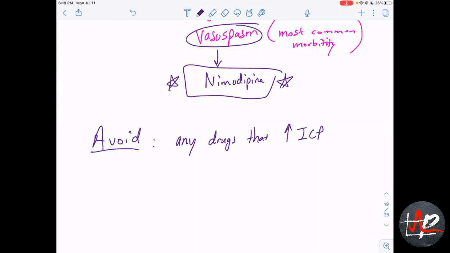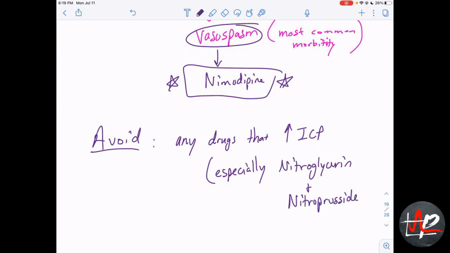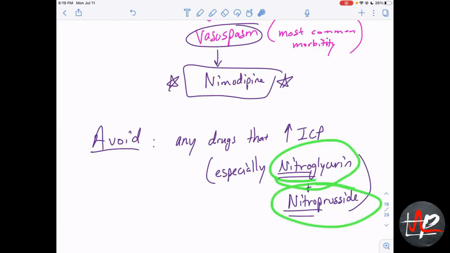And so a lot of the nitro drugs will increase intracranial pressure. So you want to especially avoid nitroglycerin and nitroprusside. The nitro drugs are kind of infamous for increasing your intracranial pressure. So make sure that you make note of that.